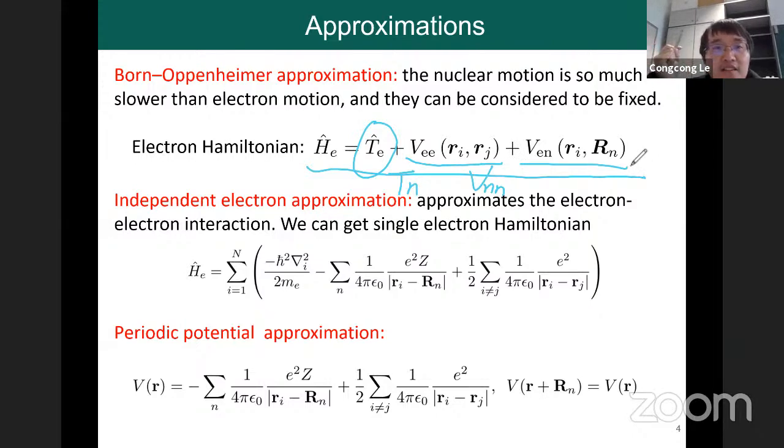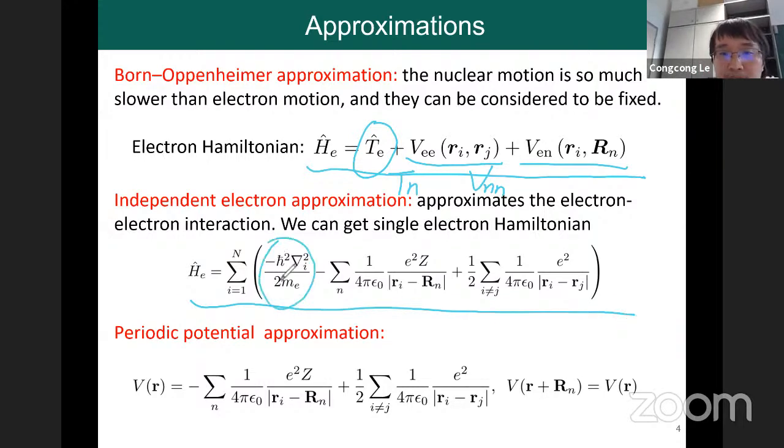The second is the independent electron approximation. It means we approximate the electron-electron interactions, and then we can get the single electron Hamiltonian like this formula. The first is the kinetic energy, and this one is the interaction between electrons. This is the interaction between electron and the nucleus. The next approximation is the periodic potential.